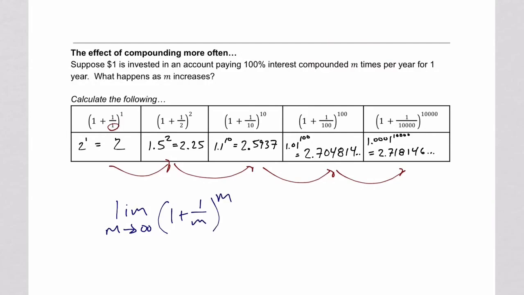And mathematicians have discovered that this limit approaches a specific number. It's kind of a funny number, 2.71828, and then the next digits are 1828 again, but the pattern doesn't continue. There's like a 4 and then a 6 and so on.